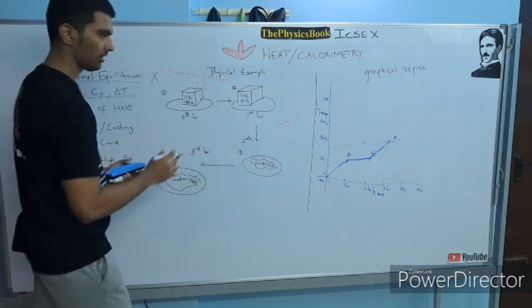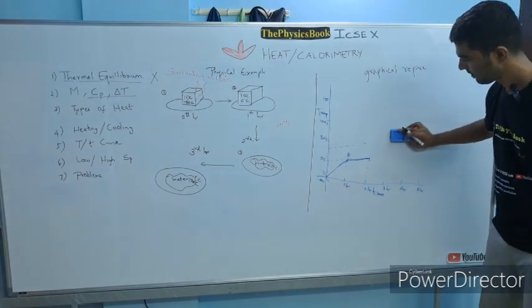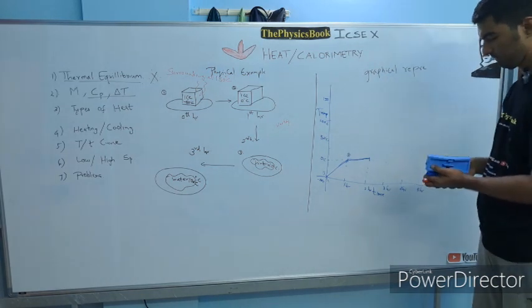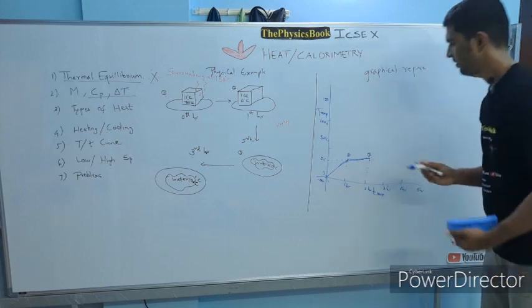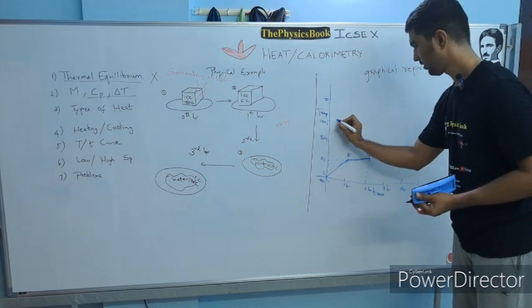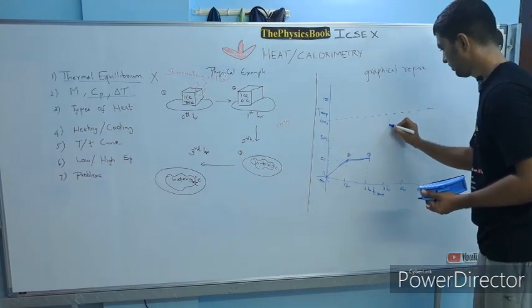I am just changing the diagram a little bit. So now this is my third point, second hour, and I am just extrapolating this to 100 and this third.